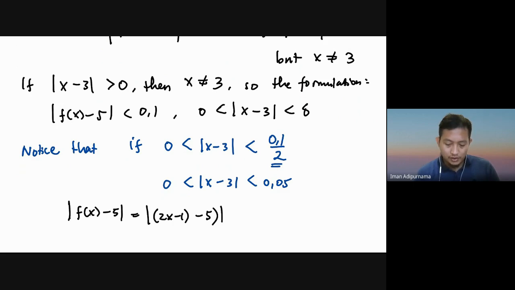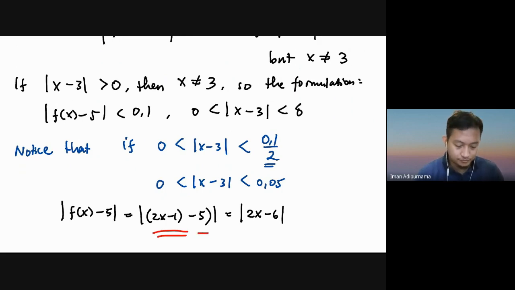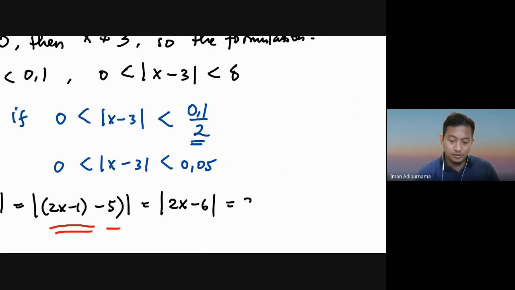This is actually 2x minus 6, that is x minus 3 multiplied by 2. Then I can separate them into 2x minus 1 minus 5, and then it becomes 2 times x minus 3 less than 2. It's still the same as 0.1, right?